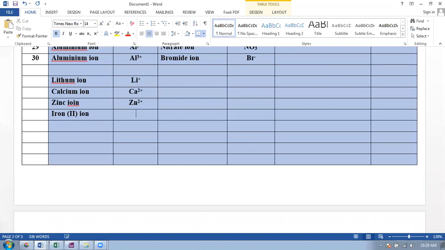Iron has two ions. One is iron 2 plus, another one is iron 3 plus. So you can do these positive ions and those negative ions to form many compounds, and you can just make the formula of different ionic compounds.